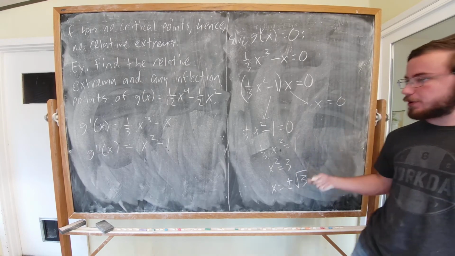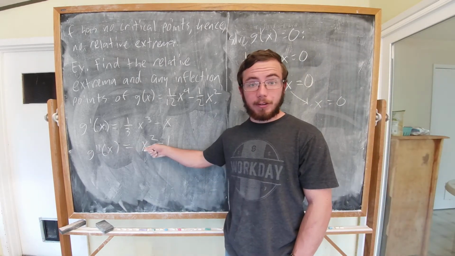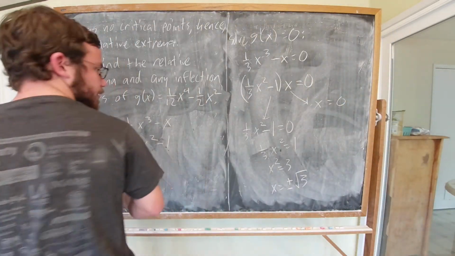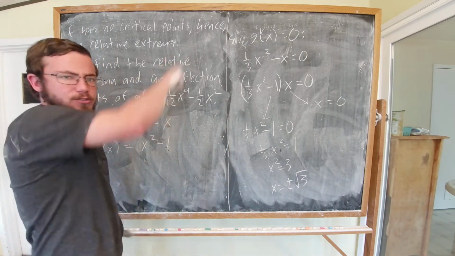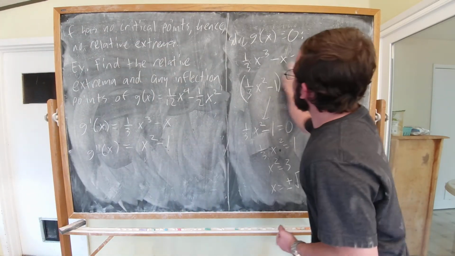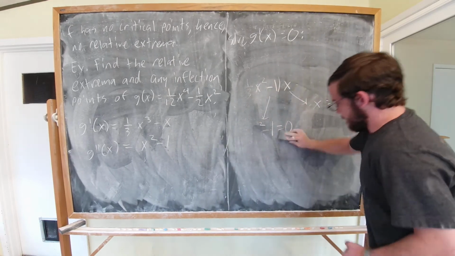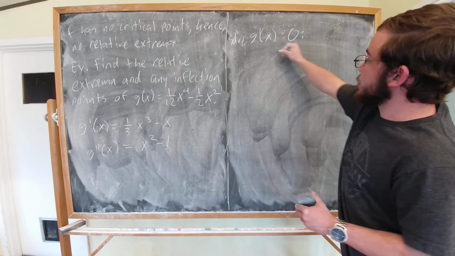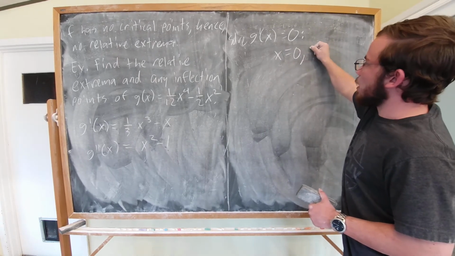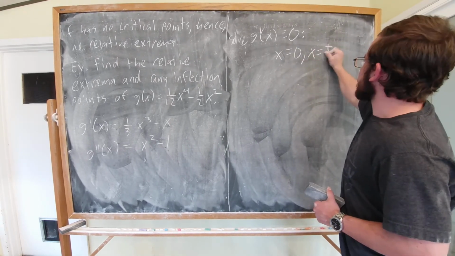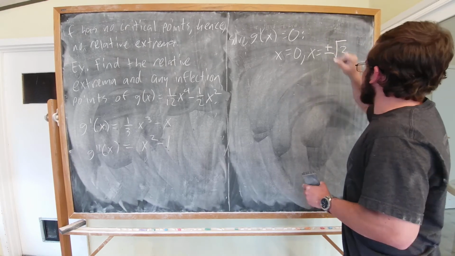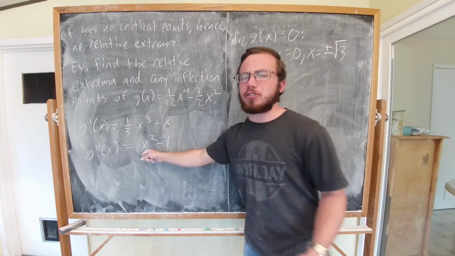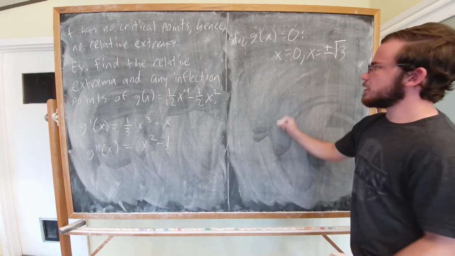Now, what we're going to do is plug them into the second derivative and see what they spit out. Once you've solved g prime of x equals 0, you get that x equals 0 or x equals plus or minus square root of 3. The second derivative test says all you have to do is check them here. You don't need to make a split number line.